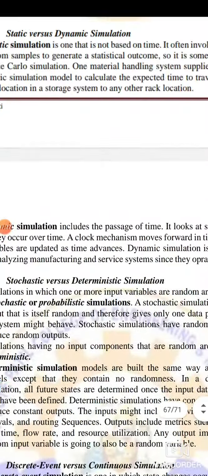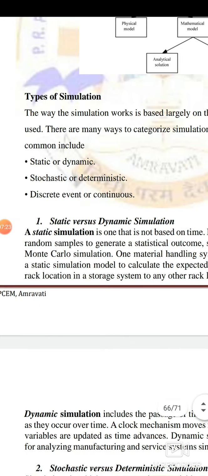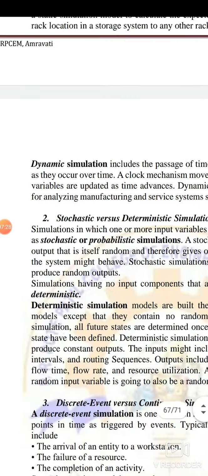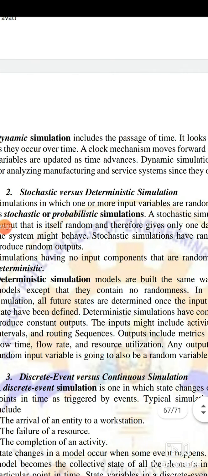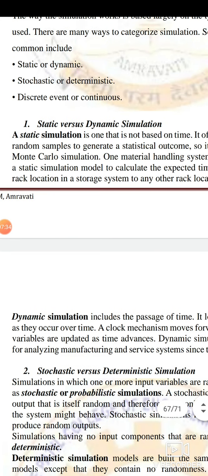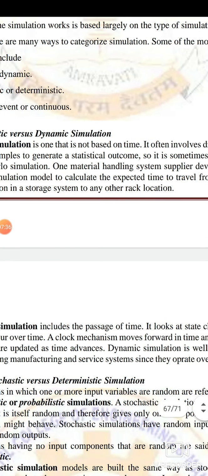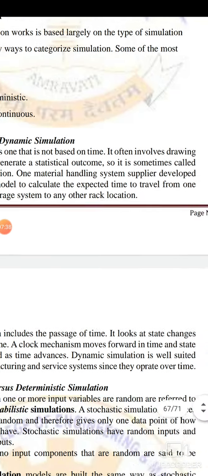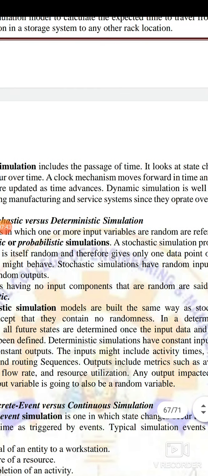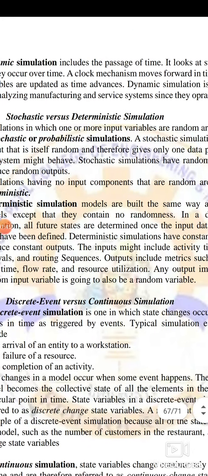What we have seen are stochastic and deterministic simulation, then dynamic simulation, then discrete event and continuous simulation. A static simulation is one that is not based on time; it has nothing to do with time. Dynamic simulation means it changes over a specific point of time.